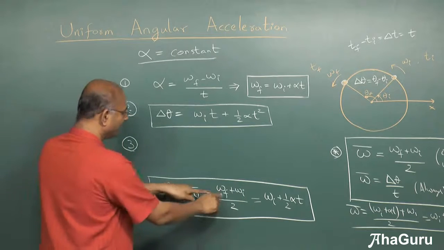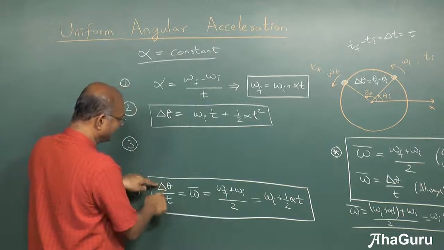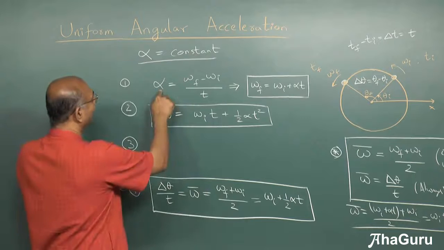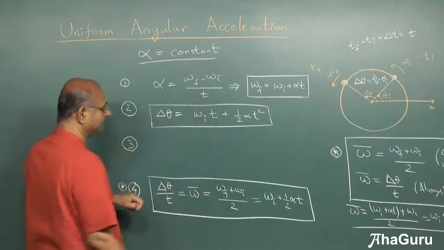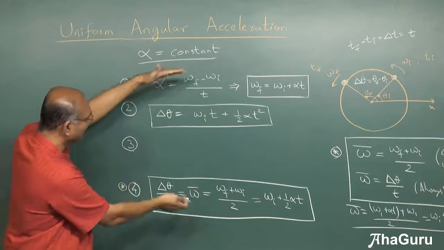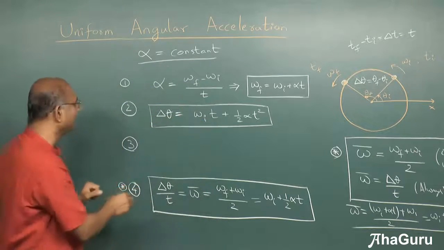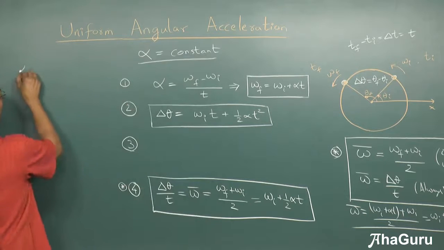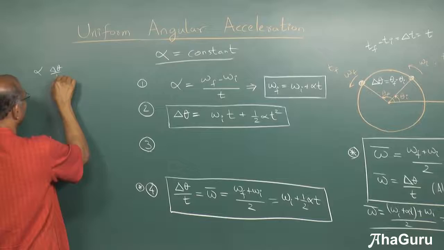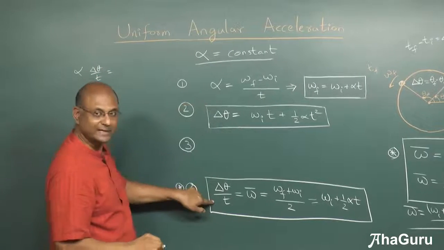So the third one, if you see, delta theta by t is omega final plus omega initial by 2. But alpha is omega final minus omega initial by t. If I just multiply these sides together and those sides together, what will I get? I will get alpha into delta theta by t. This is alpha, this is delta theta by t.